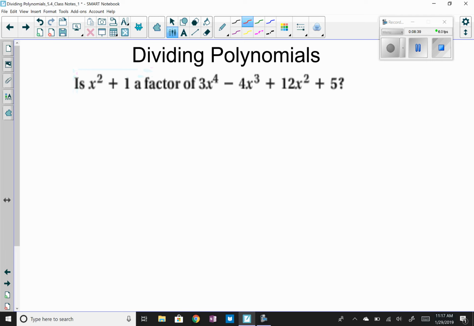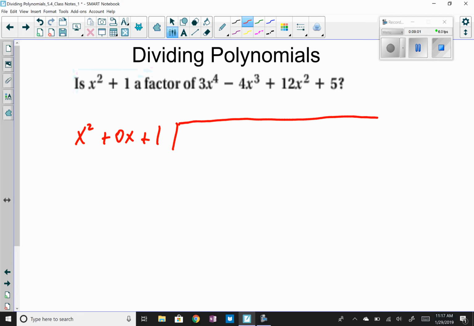So in other words, if I'm dividing this, I need to set it up so that I have x squared plus 0x plus 1. Okay, so that missing x to the first power, I'm replacing now with a placeholder.